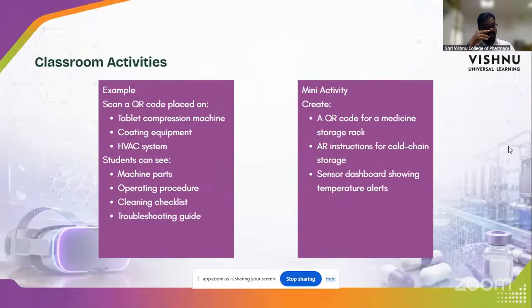And you can ask the students to label the parts of the machine or do troubleshooting guides. Or you can ask the students to create a mini project like QR instructions for cold chain storage, for the vaccines and all these things, using this AR/VR activity. So this is how we can move ahead by making the students learn more about AR/VR, and this is how it is anticipated that we can go ahead in the era of Pharma 4.0.